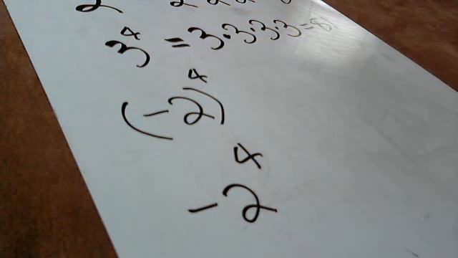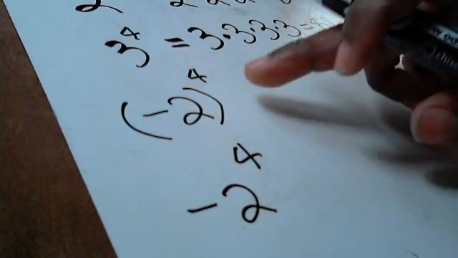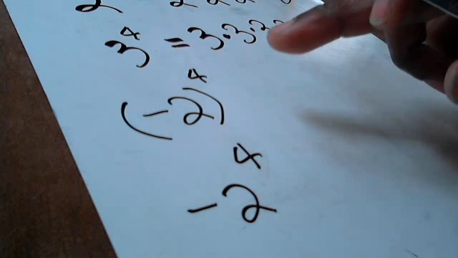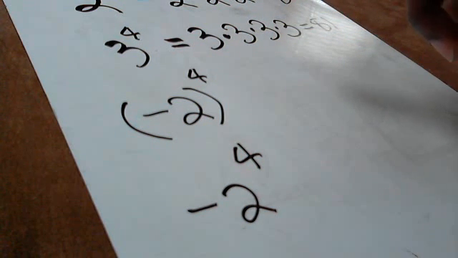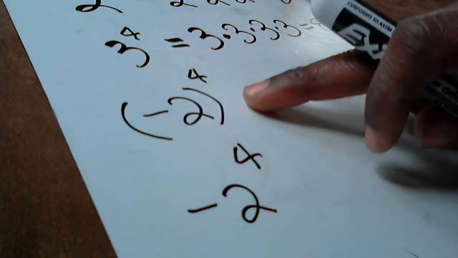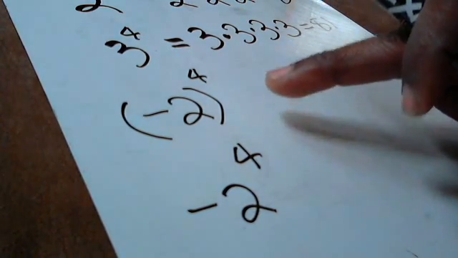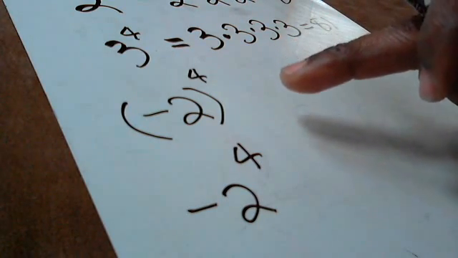I want to point out that these two exponential terms, although they look very similar, you have to pay attention to the detail. They are different. And what makes them different? This first one differs from this second one because this first one has parentheses. That makes a world of difference. I'm about to show you what that world of difference is.